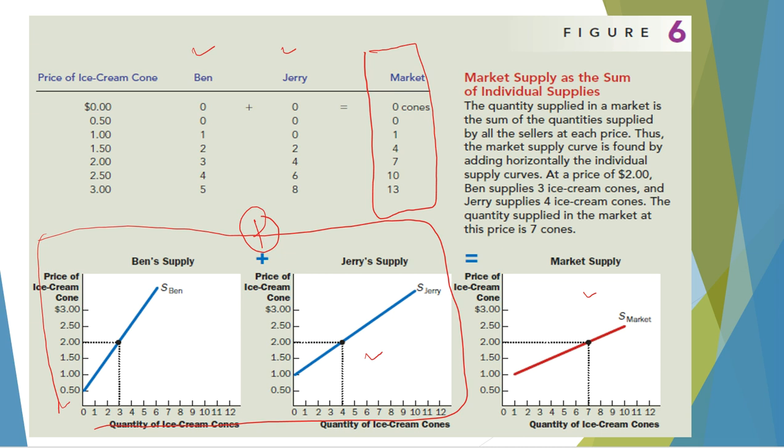The market supply curve shows how the total quantity supplied varies as the price of the good rises, holding constant all the other factors beyond price that influence producer decisions about how much to sell. So all the other factors we assume constant, except price. We only take price into account in this case.